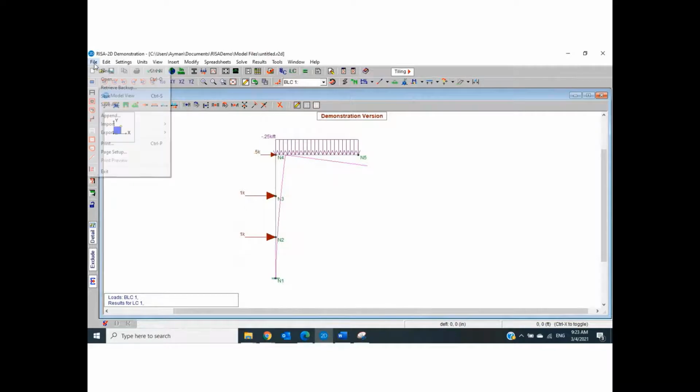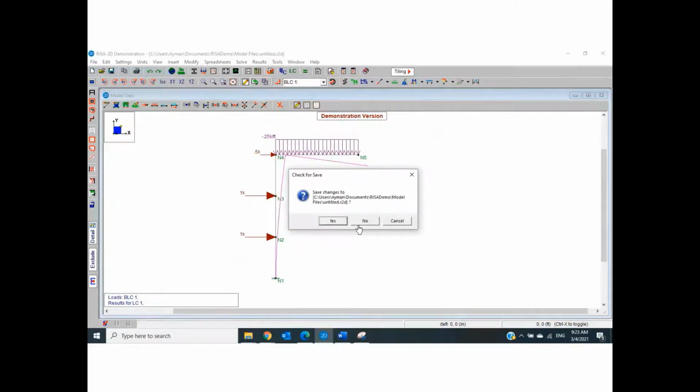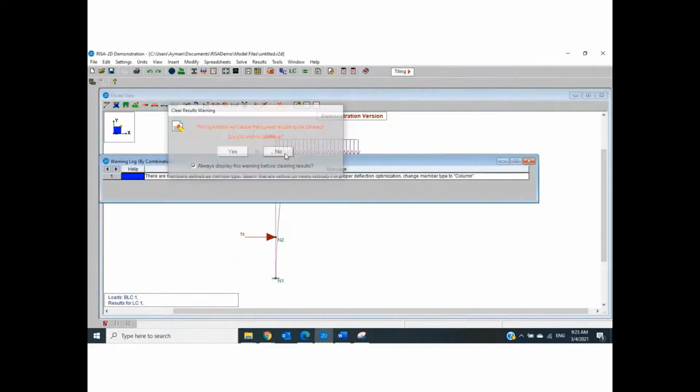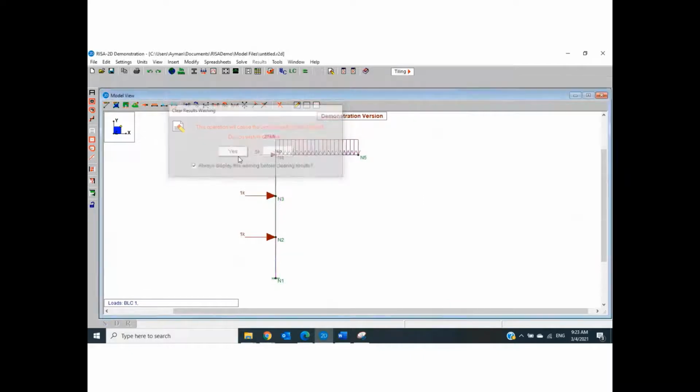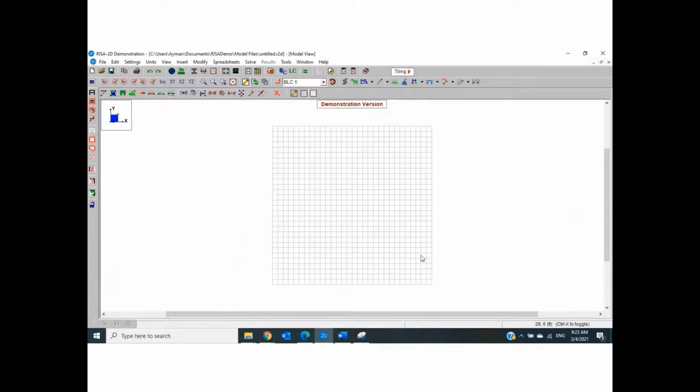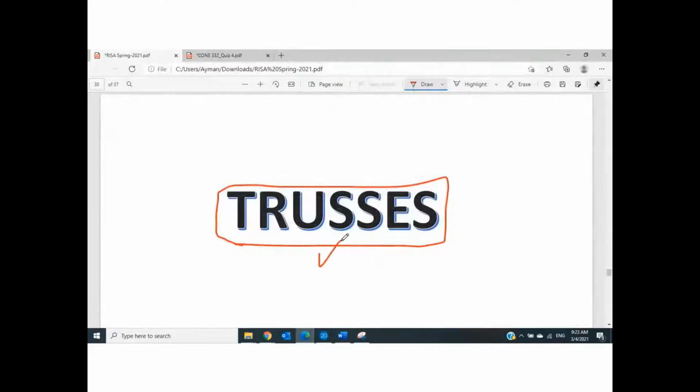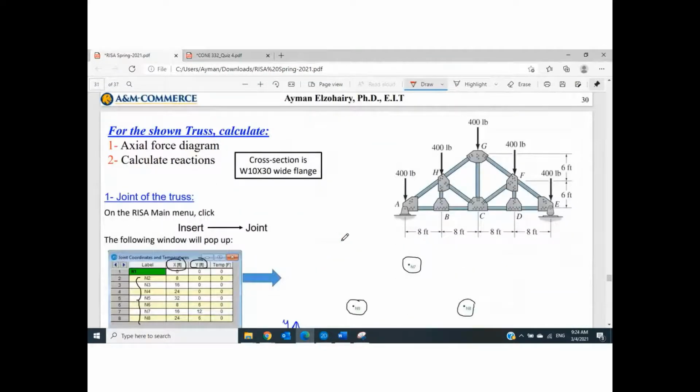Okay. File, new. Oh, sorry. New. I will start a new model. The new model will be about truss.